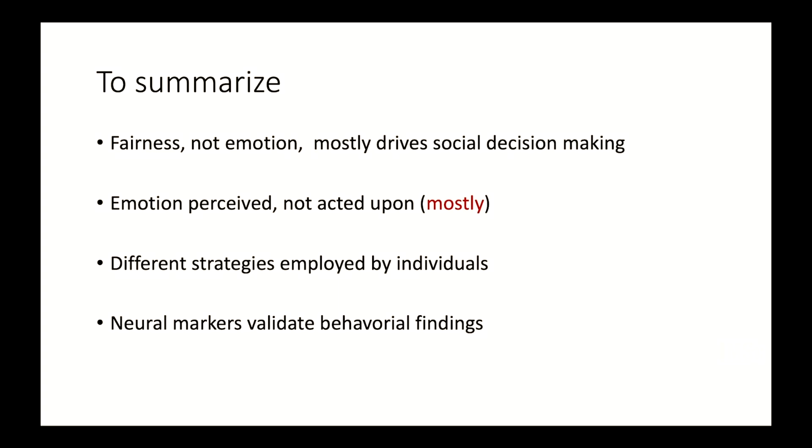So, it is perceived but not acted upon. However, there is quite a bit of individual difference in the way that we decide. We have seen clusters of individuals that respond more to offers, and clusters of individuals that respond more to emotions. And we also validated these behavioral findings using the EEG analysis.